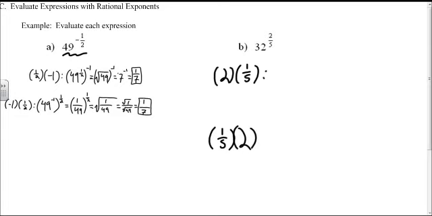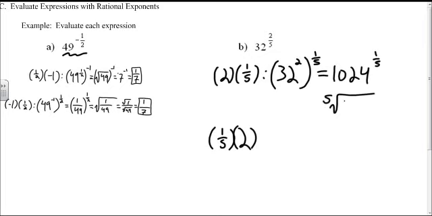If we recognize it as 2 times 1/5, then we'd say it's 32 squared to the 1/5 power, in which case 32 squared, if you punch that into your calculator, becomes 1024, still to the 1/5 power. And if you look at your table from before, you'll find that the 5th power, again, we can rewrite that as the 5th root of 1024. That is 4. So 4 is our final answer here.